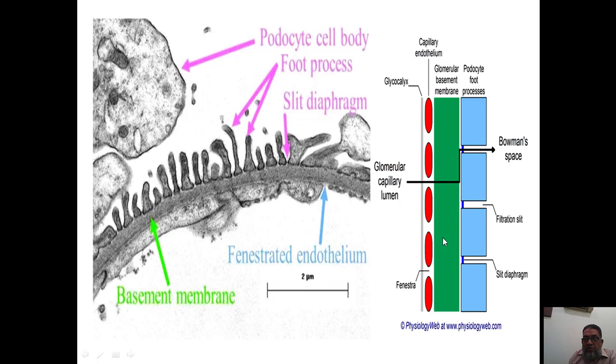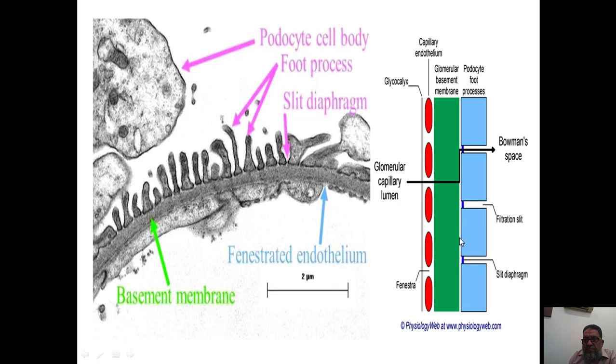So this is the thick basal membrane: lamina rara externa, lamina rara interna, and lamina densa. These are the foot processes of the podocyte approximated to the capillary basal membrane. This is the filtration slit. Over here you see the thin slit diaphragm.